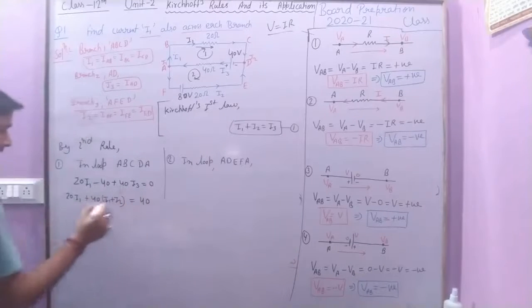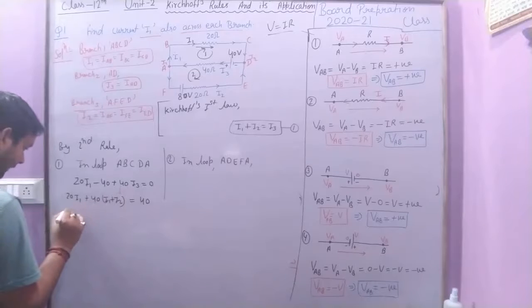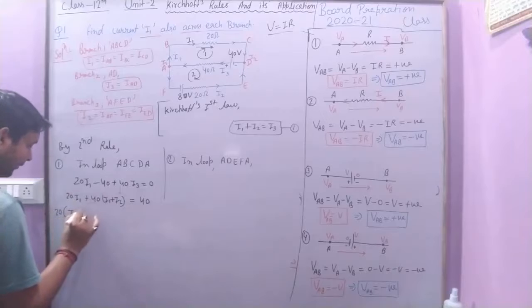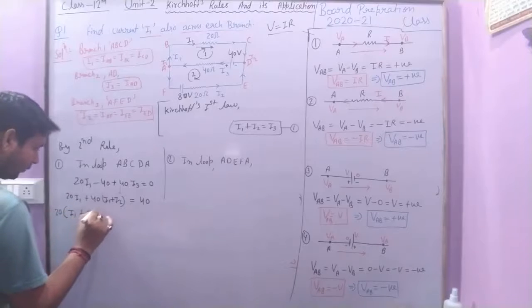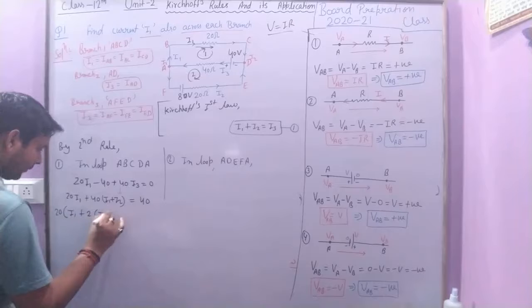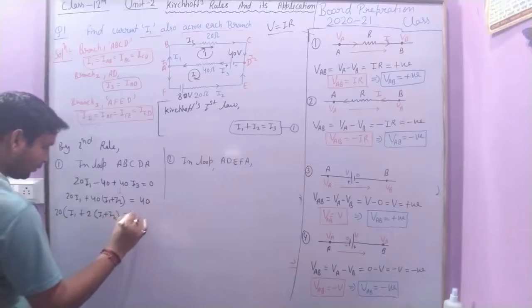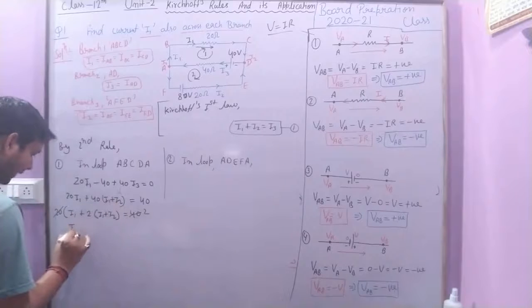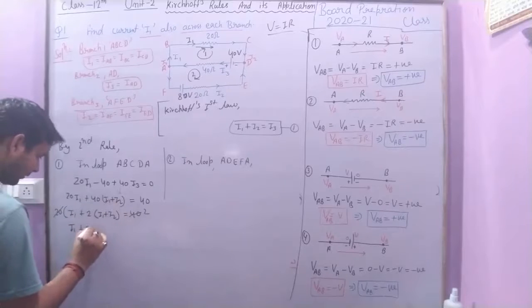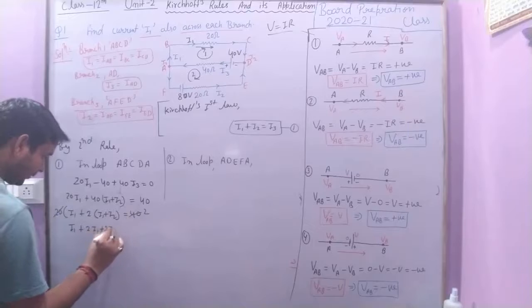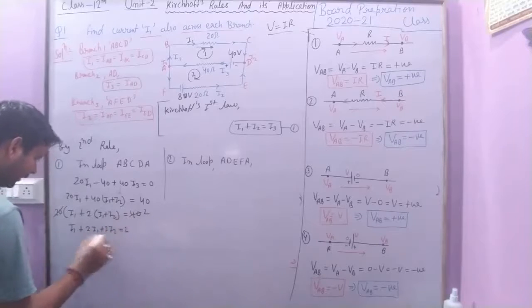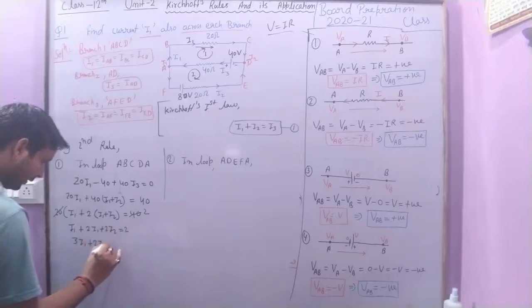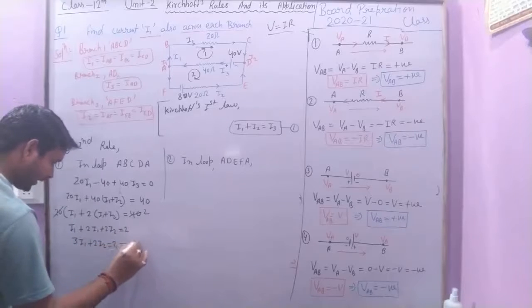On solving this, we take 20 as common: I1 plus 2 (I1 plus I2) equal to 2. So I1 plus 2I1 plus 2I2 equal to 2. This will be 3I1 plus 2I2 equal to 2. This is your equation first.